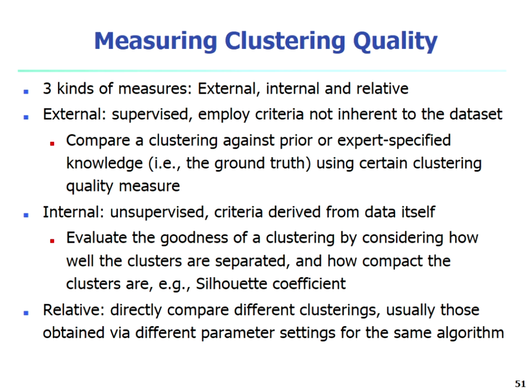After that, I will compare the results from setting number 1, setting number 2, setting number 3, and after that I will decide what is the best, or which clustering has a high quality. Relative here, because we will compare different clusterings.